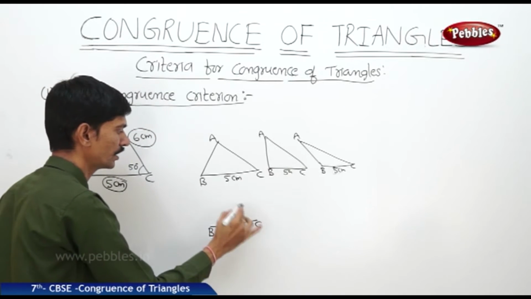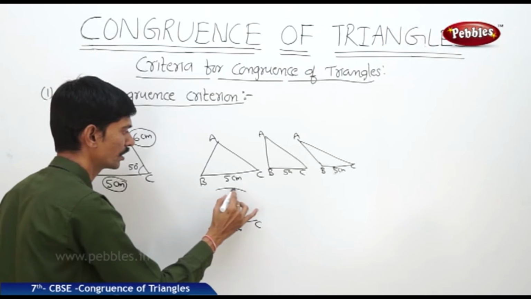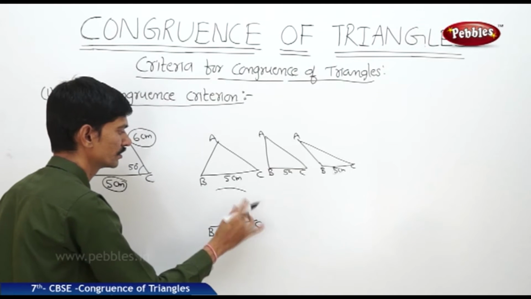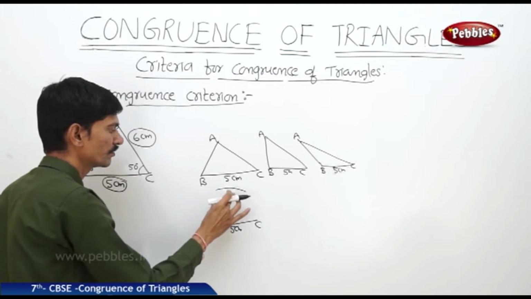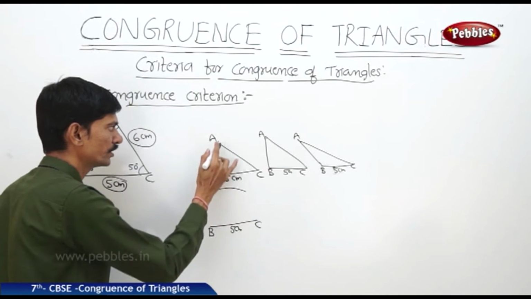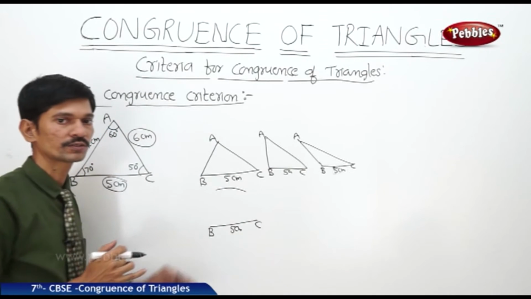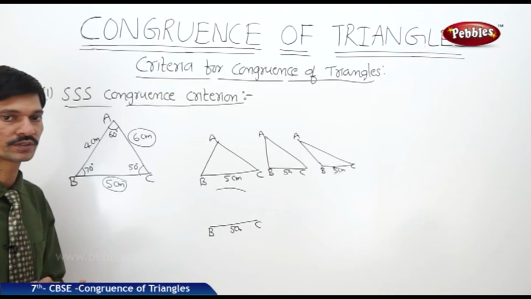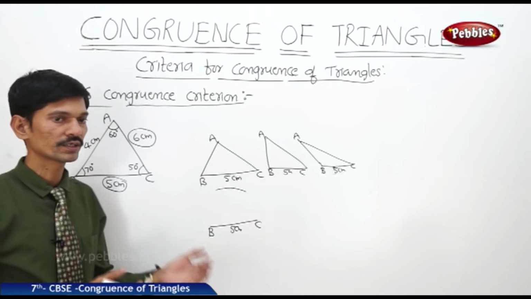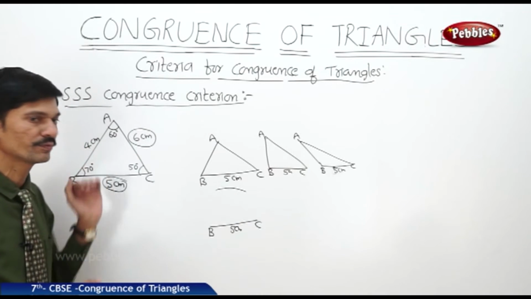With C as center and 6 centimeters radius, you draw an arc. But how can you find the point A on this arc? So here also we are not able to draw the exact copy of the original triangle ABC.